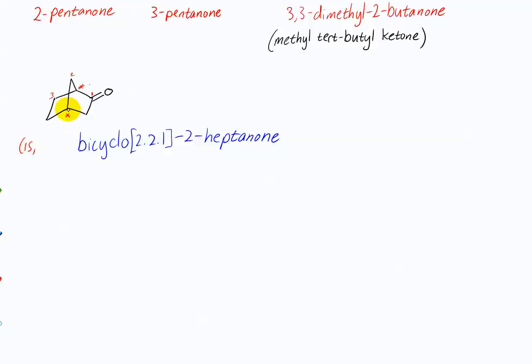And then 4. We've got 1, again 2, and then 3, but it's the opposite, so that's 4R because the hydrogen's coming out at us. So 1S, 4R, bicyclo[2.2.1]heptan-2-one.